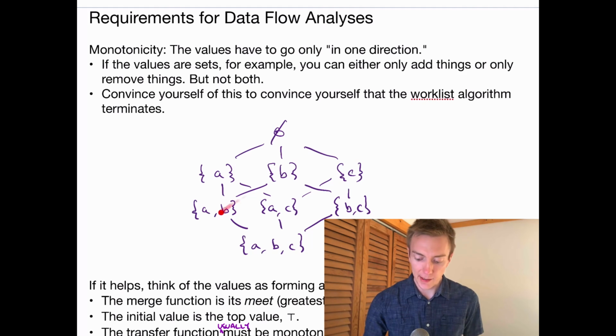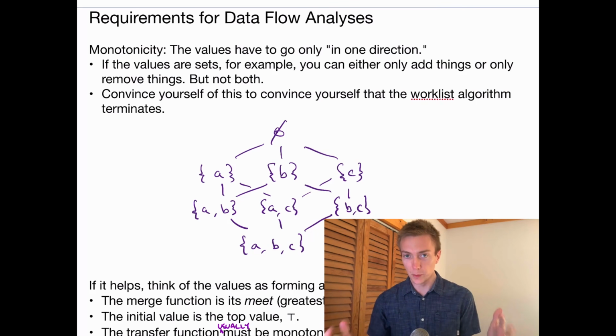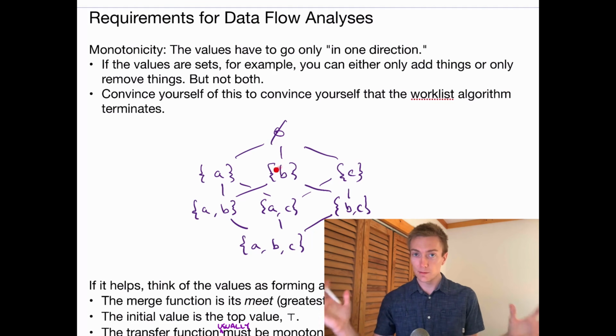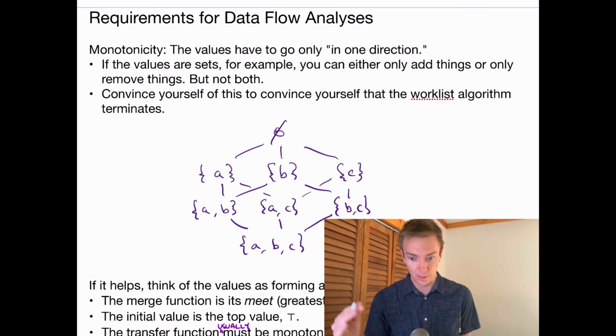If we're going in the upward direction, we'll eventually get to the empty set, and then we'll know that the worklist algorithm will definitely terminate, or we'll eventually get saturated and get to the universe set, the finite set of all the variables in the program, for example, and then we'll also know that it terminates.